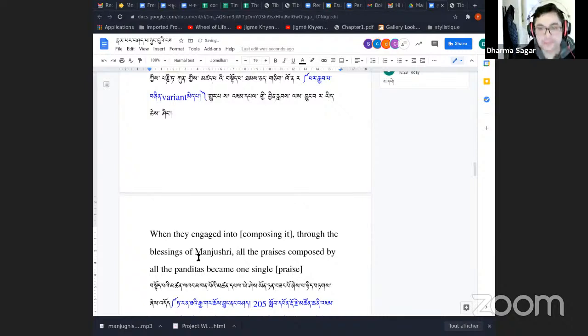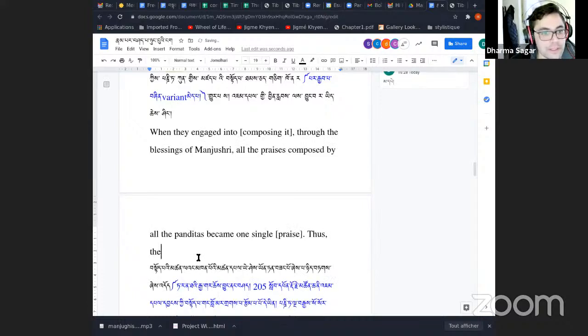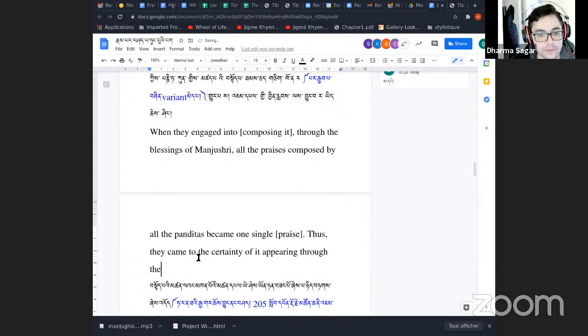Praise is not there, which is why I put it into square brackets. Thus, they came to the certainty of it appearing through the blessings of Manjushri.